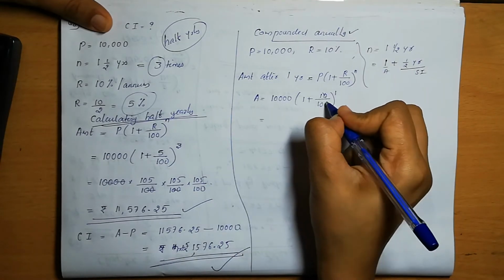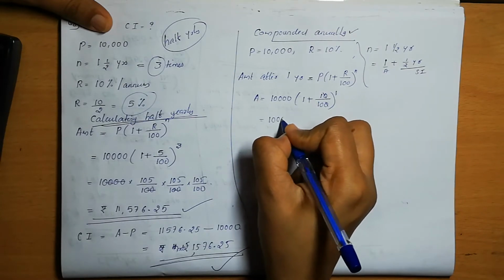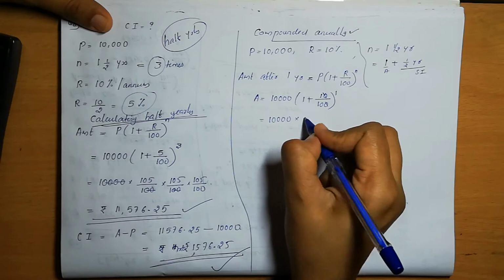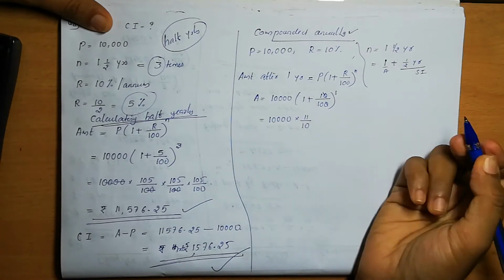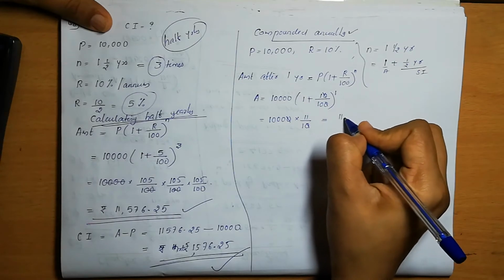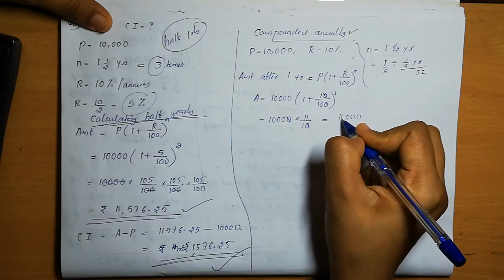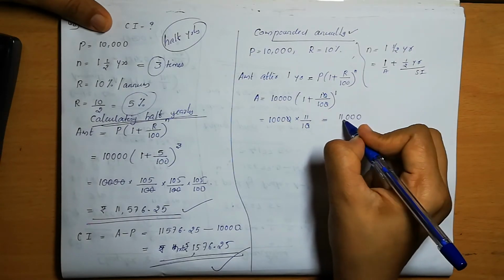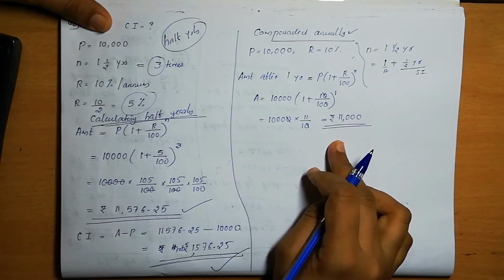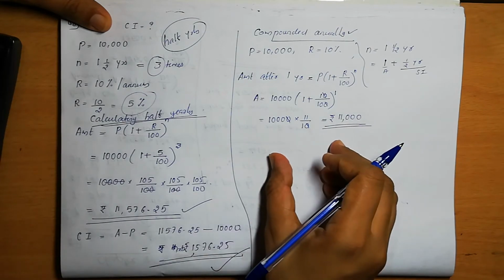The 0 cancels. So 10,000 into 11 by 10. Power 1 means no need to write. The 0 cancels, so what we will get? 11,000. 11,000 is the amount at the end of 1 year. At the end of the first year, right?